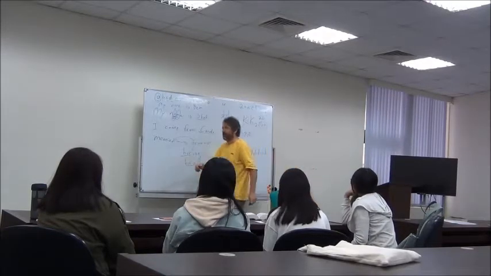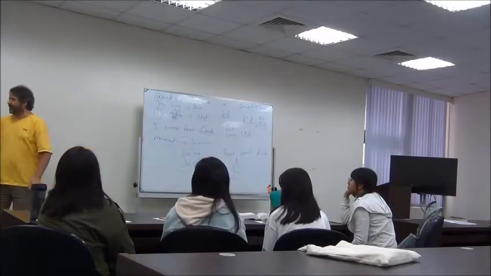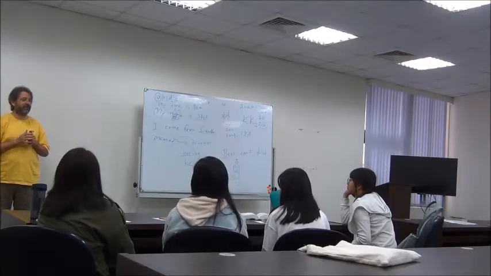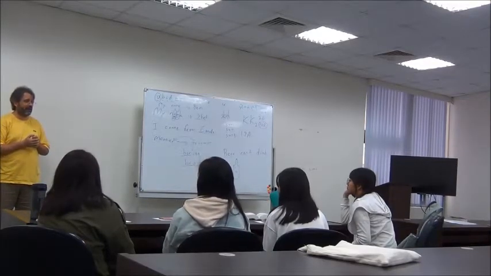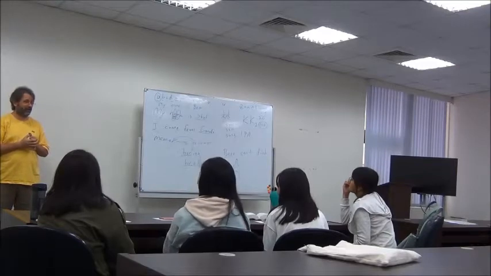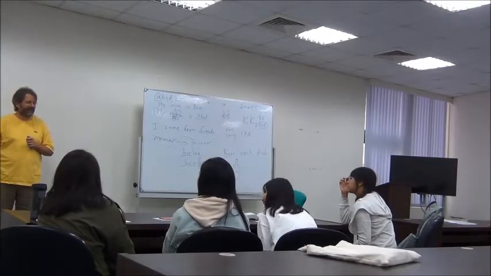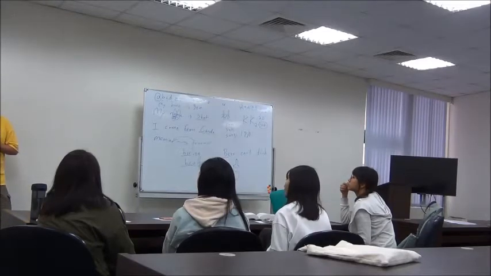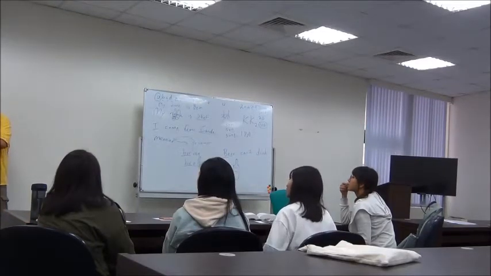If I say, for example, the door closes. In Chinese, who closes the door? In English, who closes the door? The door. In English, the door closes means the door closes.